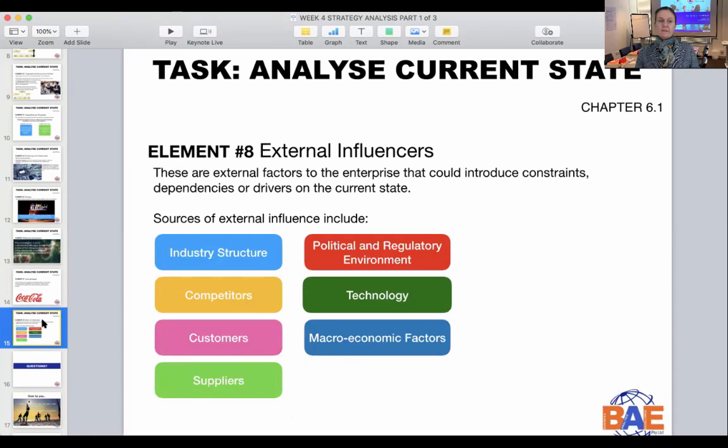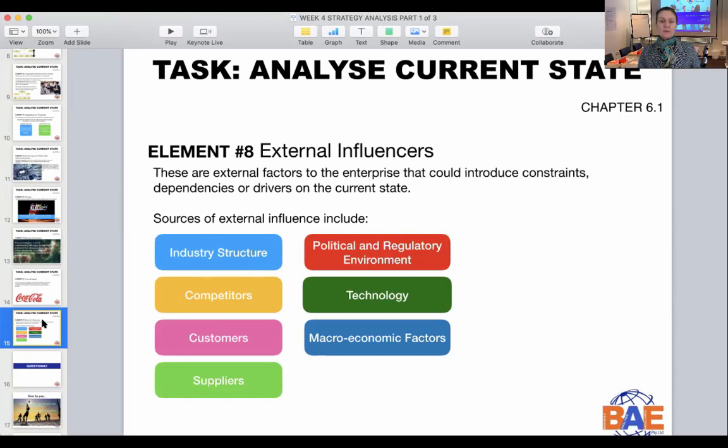And then the final element for analyze current state is about external influencers. So these are external factors to the enterprise that could introduce constraints, dependencies, or drivers on the current state. Sources of external influences could be industry structure.